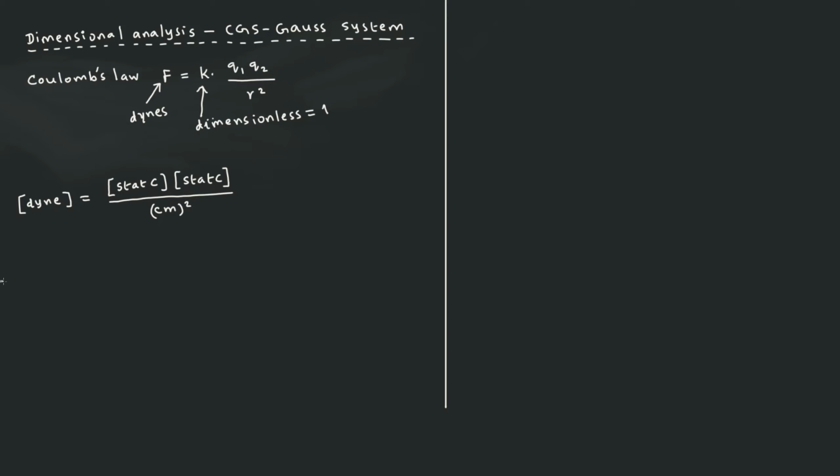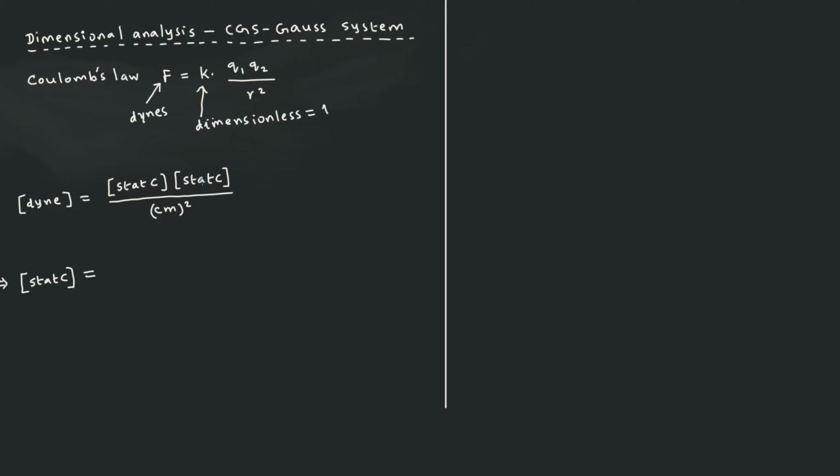If you rearrange this expression, cross multiply these two and then simplify, what we will be getting is the dimensions of the stat coulomb. Stat coulomb means what? It is the unit of charge that is being proposed under the CGS Gauss system of units. That is the stat coulomb. So the dimensions corresponding to that would be equal to, how do you simplify this?